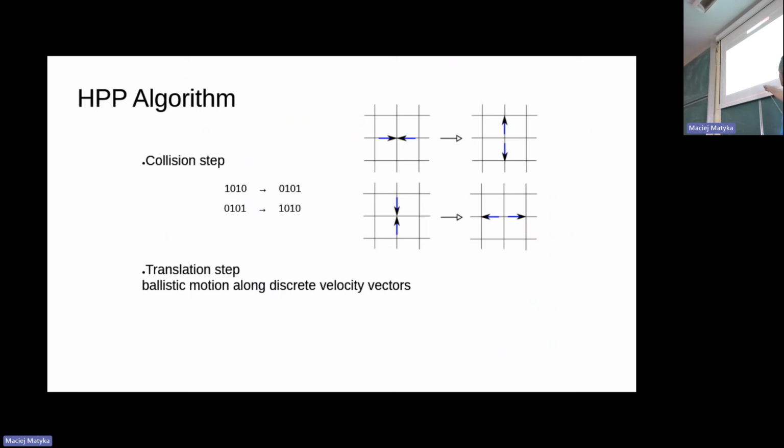So you basically have a collision step, which is a negative. That's pretty interesting. But by definition, we made a system in which you take the negative, and this is the collision. And then a translation step, which after the collision takes those particles and moves them into the nodes they point to.